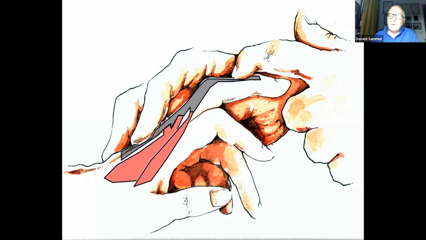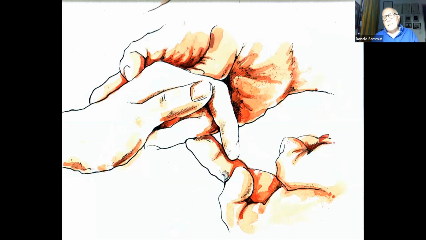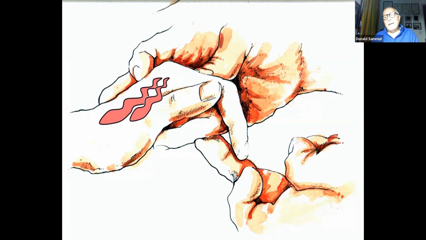And the second part of the test, we flex the MP joint, thereby relaxing these two muscles as far as is possible, and then test the resistance to flexion of the PIP joint again. And you can compare the two, and you can almost quantify how much intrinsic tightness there is.